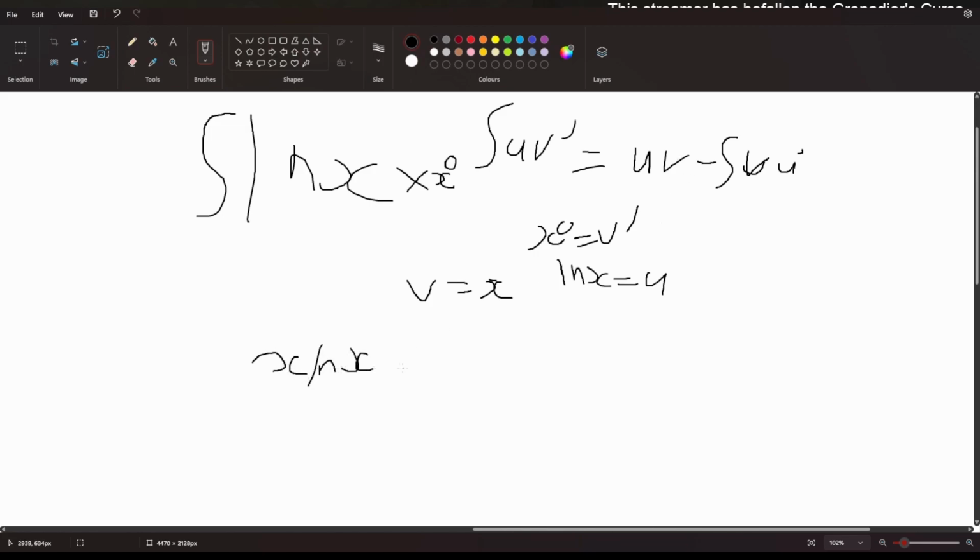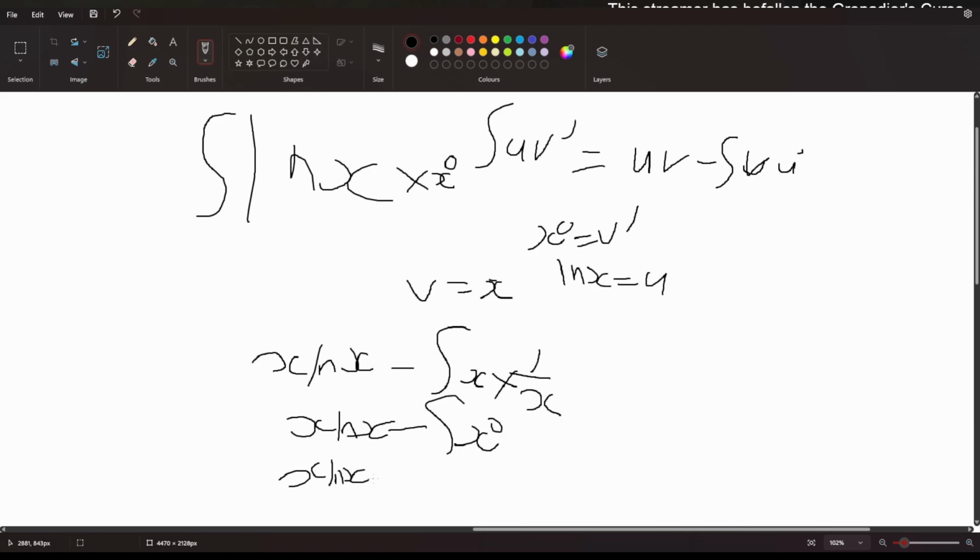Your uv minus the integration of x times, you differentiate ln x, you get 1 over x, so you get x ln x minus the integration of x to the 0, x ln x minus x. And if you differentiate all of that out, you'd get ln x. And that, my dear friends, is how you integrate ln x.